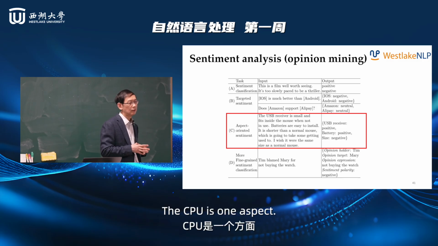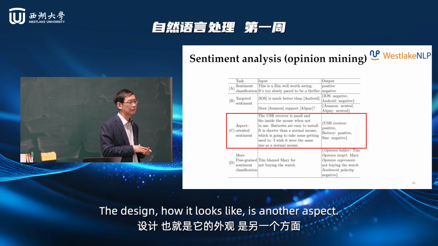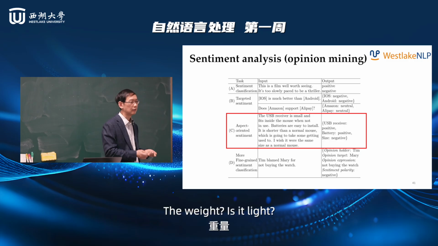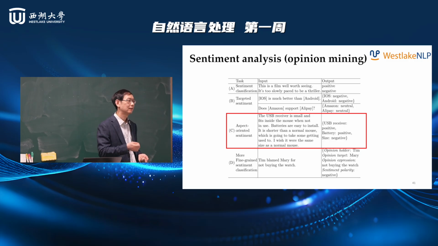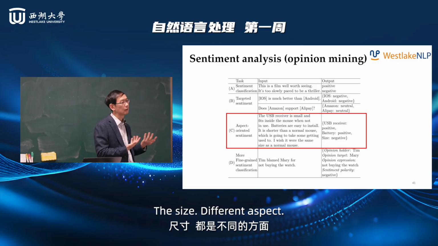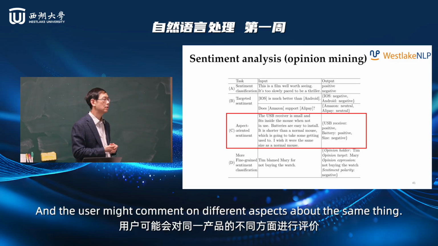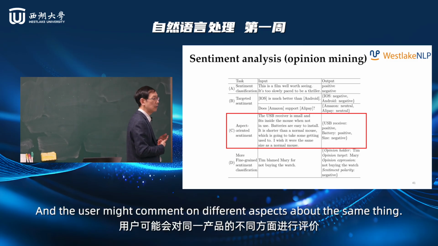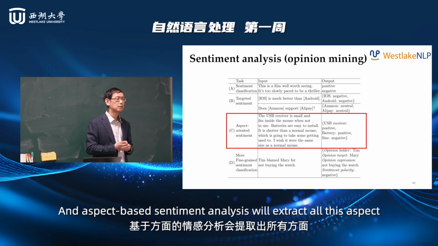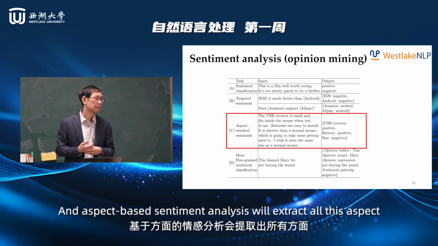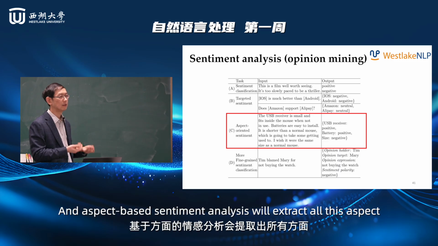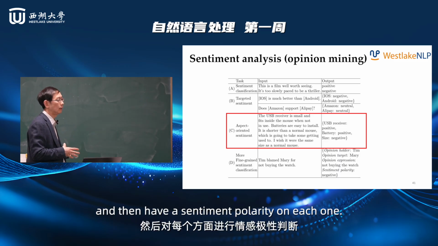The CPU is one aspect, the design, how it looks, is another aspect, the weight, is it light, the size, different aspects. The user might comment on different aspects about the same thing, and aspect-based sentiment analysis will extract all these aspects and then have a sentiment polarity on each one.